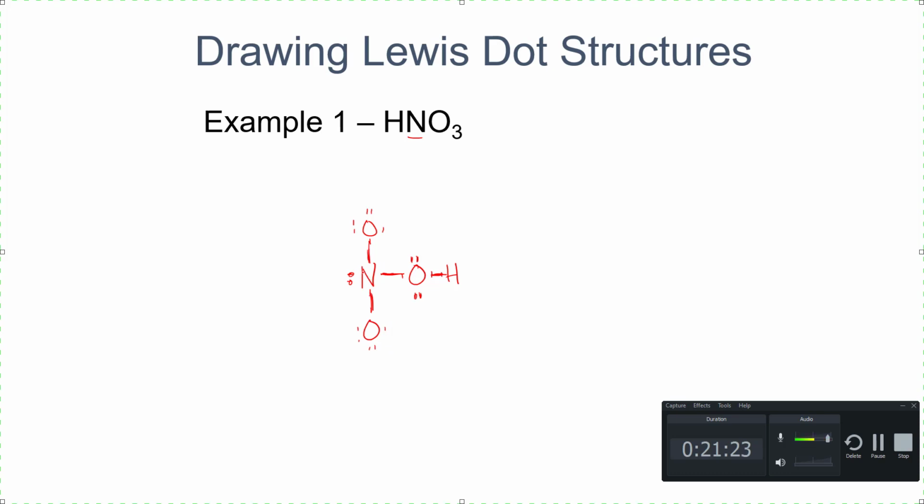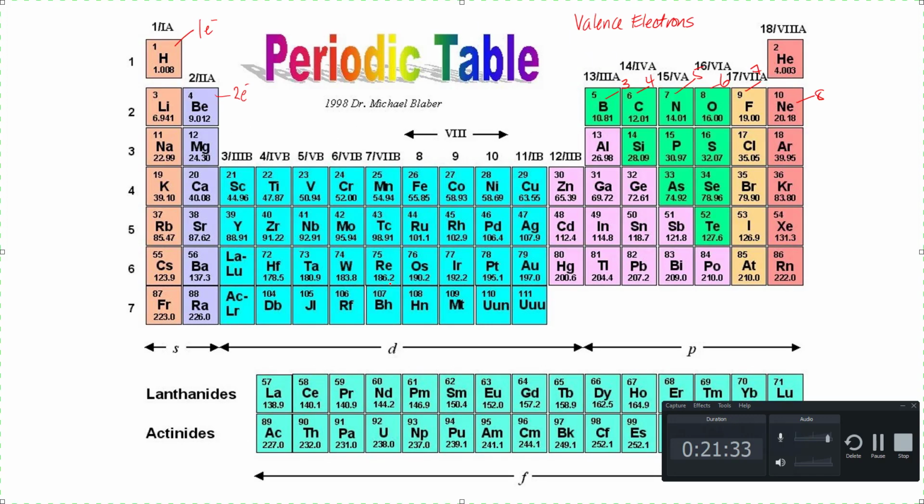Now, remember that the octet rule you cannot break. So for elements, and go back to the periodic table here, elements that are in row 2 or higher must obey the octet rule. Giving 10 electrons to carbon is an unforgivable error.